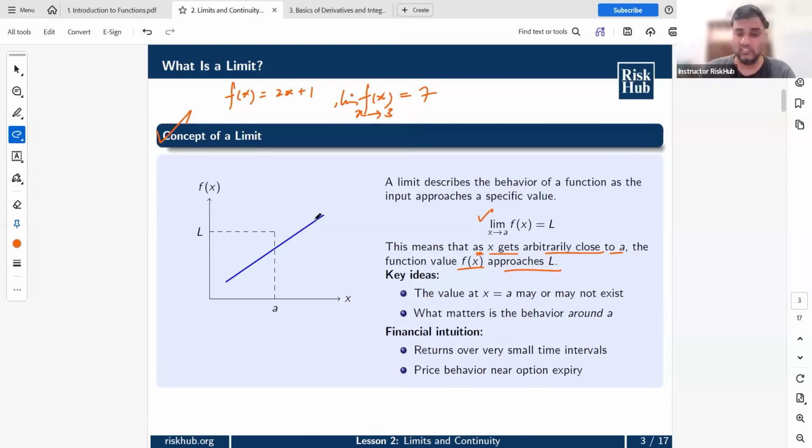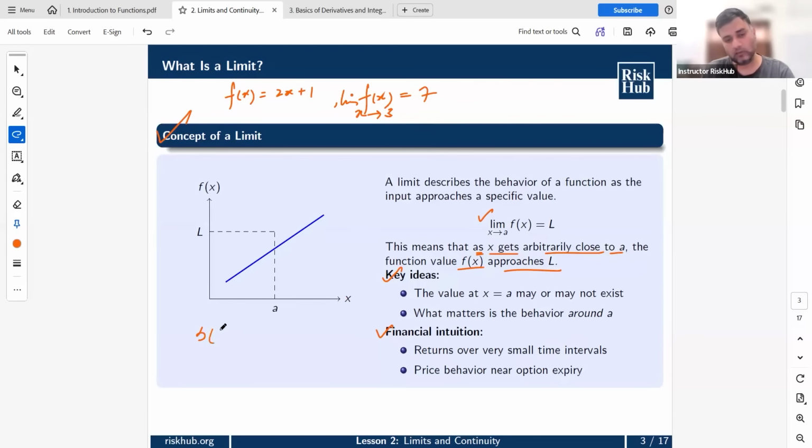So the financial intuition you need to build here is about returns over very small intervals. Consider your stock price, S(t). If I take the return over a very tiny interval, it is S(t plus delta t) minus S(t), divided by delta t, right?